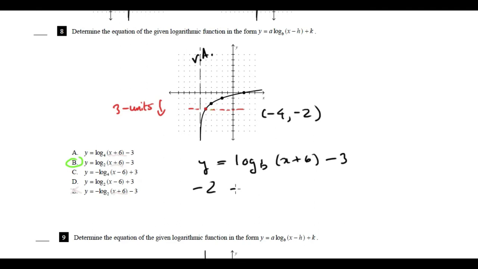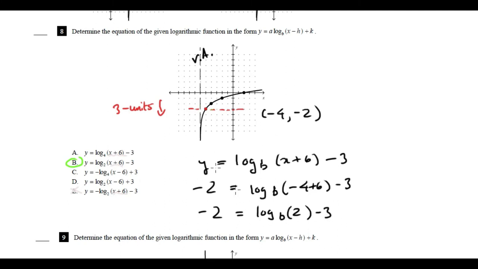So when we sub in y equals -2, we're going to get log base b of inputting -4 into the input of that log. This gives us -2 equals log base b of 2, minus 3. I'm running out of space, so I guess I can squeeze it in. We'll add 3 to both sides.